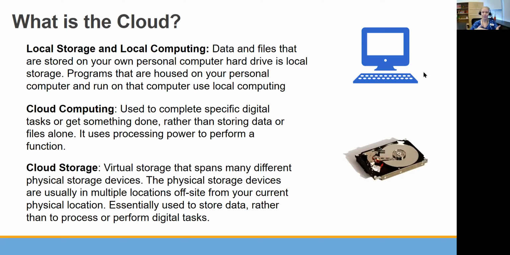Well, it's not really, it's stored on servers owned by Google, and Google stores them in different places. So there might be one in Texas, there might be one in Maine, or other places where they have these big data farms and server farms where all of this information is called from. Okay, so the physical storage devices are multiple locations offsite from your current physical location.